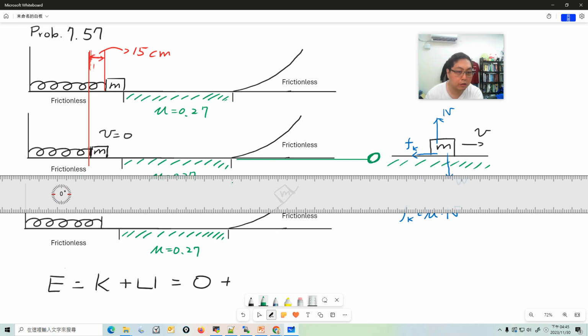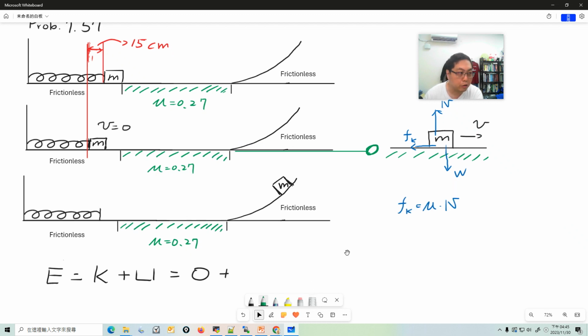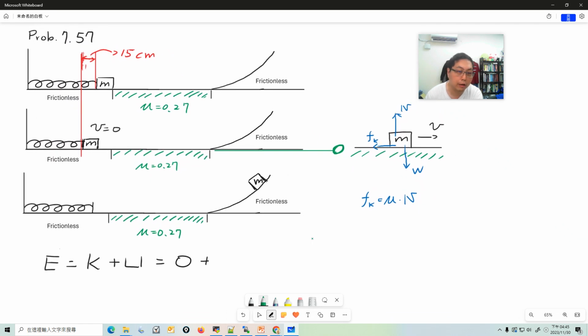Initially this mass is on a horizontal surface, so it doesn't have gravitational potential energy, because I set the height here to be zero. Horizontal surface, height is zero.